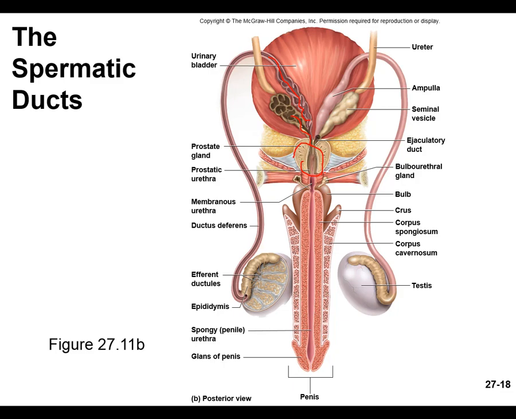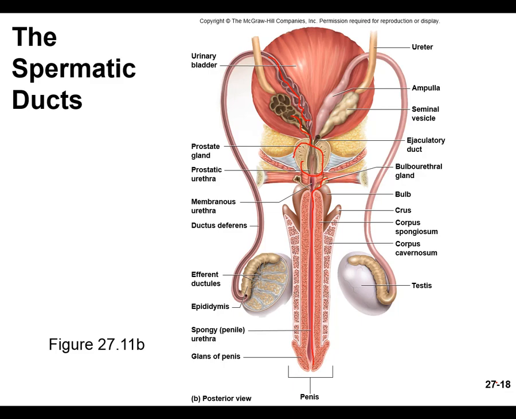So the last one that we're going to look at is the bulbourethral gland, which is right here. Now what this helps with is, because the urethra is a shared tube, shared by both the reproductive organs and also the urinary system, we've got urine that comes through this same opening.